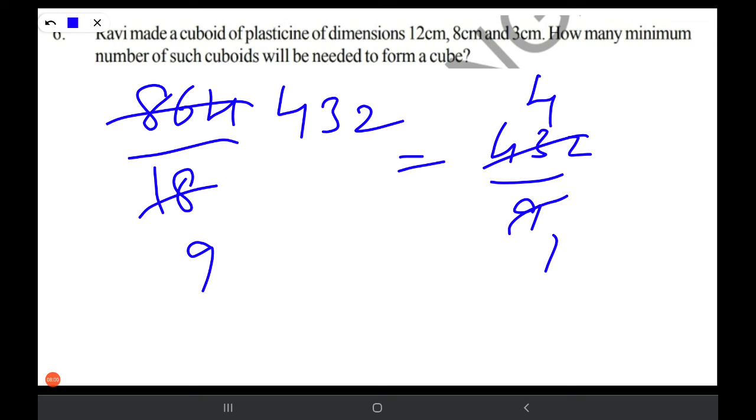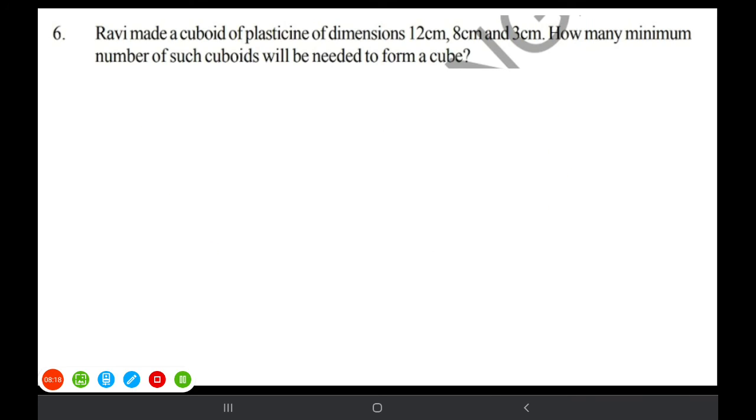What is the remaining? 36: 6 plus 4 plus 3, 7. 9 eights are 72. So what is that? 48 is the answer. So what is this 48? That is the number of cuboids.